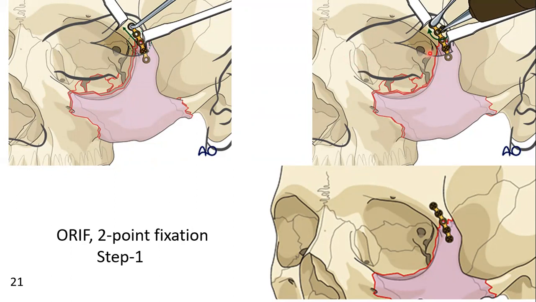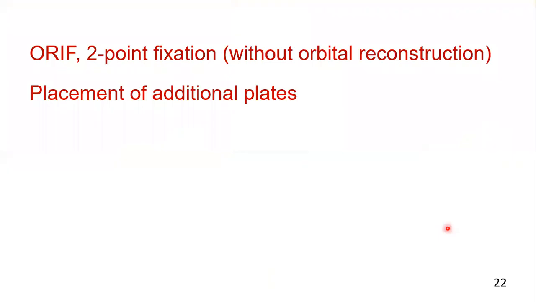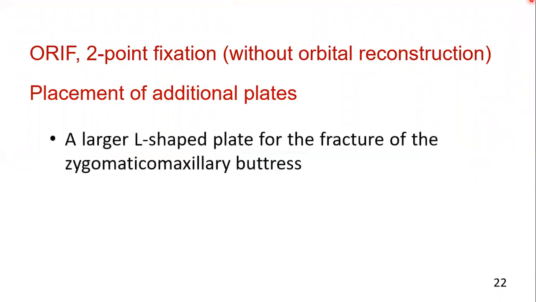Here you can see that the fixation of the plate is being done, and finally the plate has been fixed here. Now, placement of the additional plates. Looking through the maxillary vestibular approach, the fracture of the zygomatico-maxillary buttress is aligned.